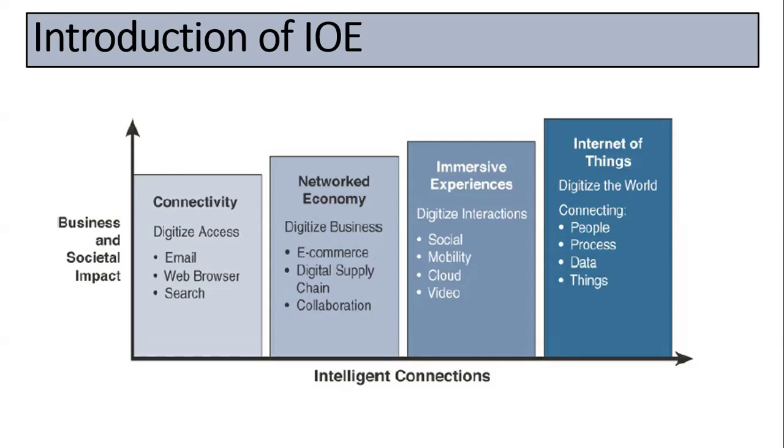This is the immersive experience where people share their experience through social media platforms. They chat, they send photos, images, and videos, and they started online lecturing systems also, where things were taught in an online manner. So these are the immersive experiences where things were propagated over the internet.